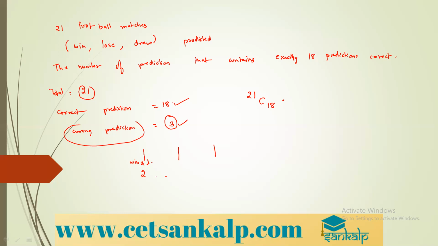Match got drawn. The second is I can take lose and draw. 2 predictions are possible in this way. Then I will take win and draw. 2 choices are there for me in each way.